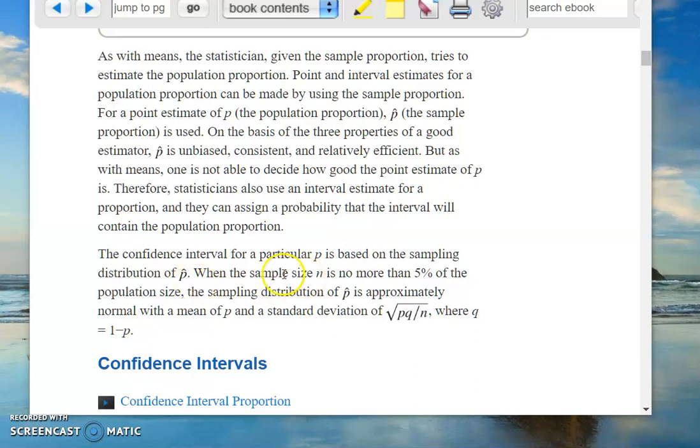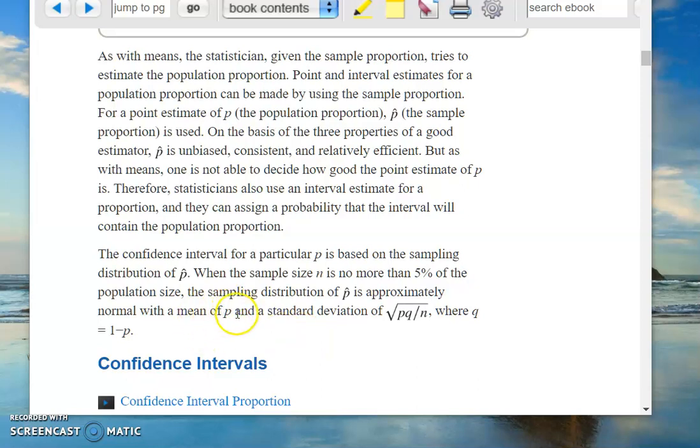Well, if the sample size n is small, if it's not any more than 5% of the entire population size, then you can say that the sampling distribution of p hat is approximately normal. So p hat is a normal distribution. Well, if it's a normal distribution, there's only two things we need to know. We need to know what the mean is. Boom, there it is.